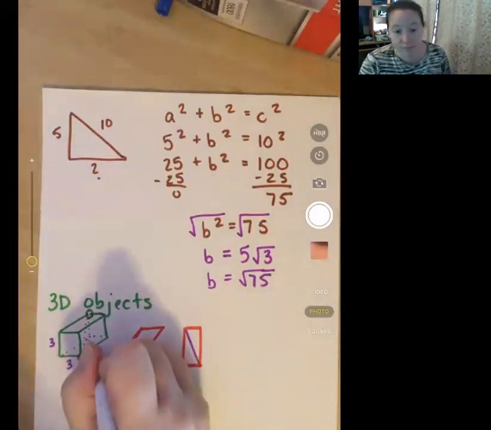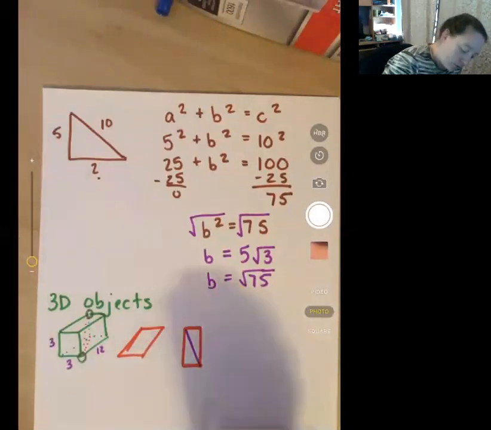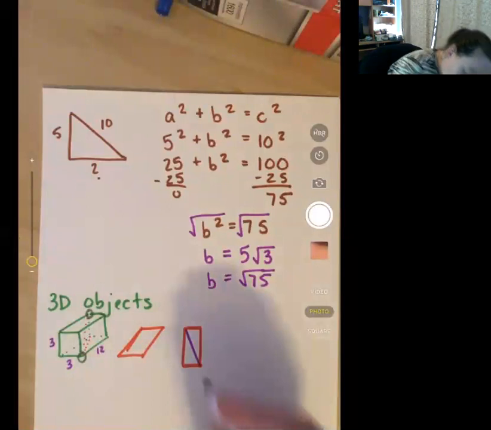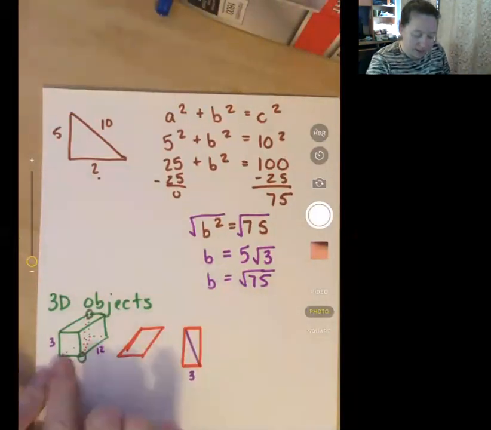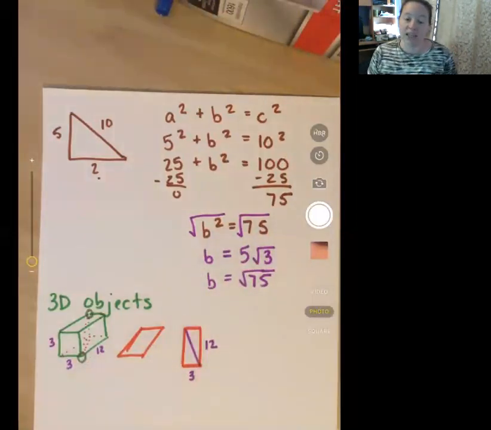Let's go with that. So 3x3 box, the length is 12, the depth is 12. So we have a square on either side. That's what we're dealing with. If I come over here, I know that that is a 3, because that's the bottom right there. And the side is 12. So I end up with a 3x12 rectangle.